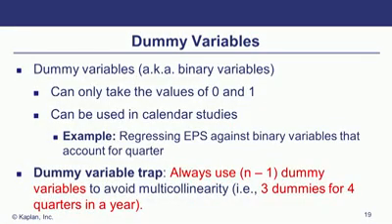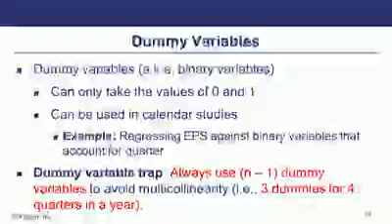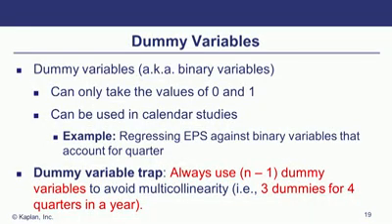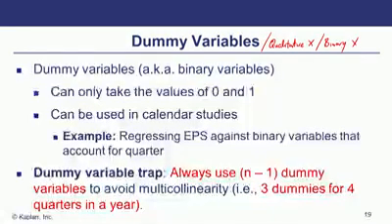Okay, changing direction altogether, we're now going into the world of dummy variables. These are also known as qualitative independents, qualitative variables, or binary variables. Now, why are they called binary or qualitative?